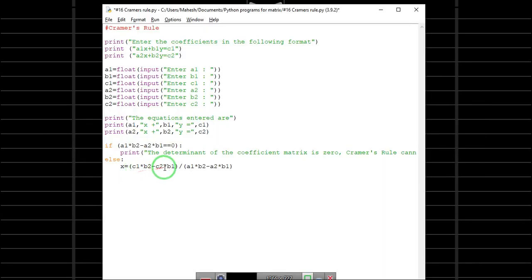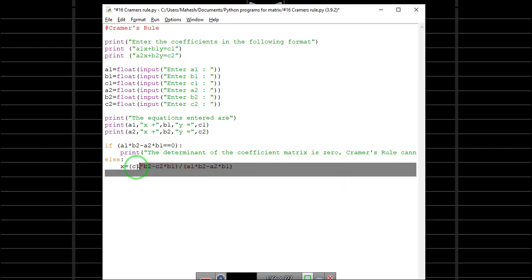So c1 b2 minus b1 c2 upon this value of the determinant, and the second one will be also same, but we are replacing the columns there. So let me just copy this again, the entire thing. Denominator is same, we will just replace the numerators there.